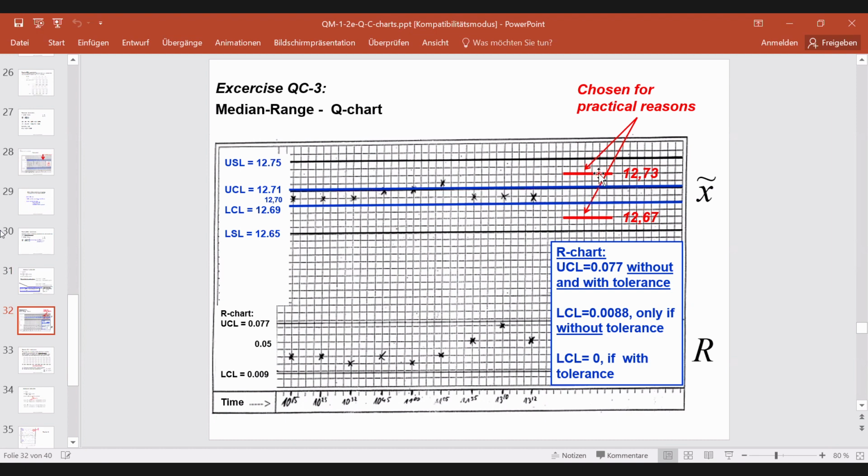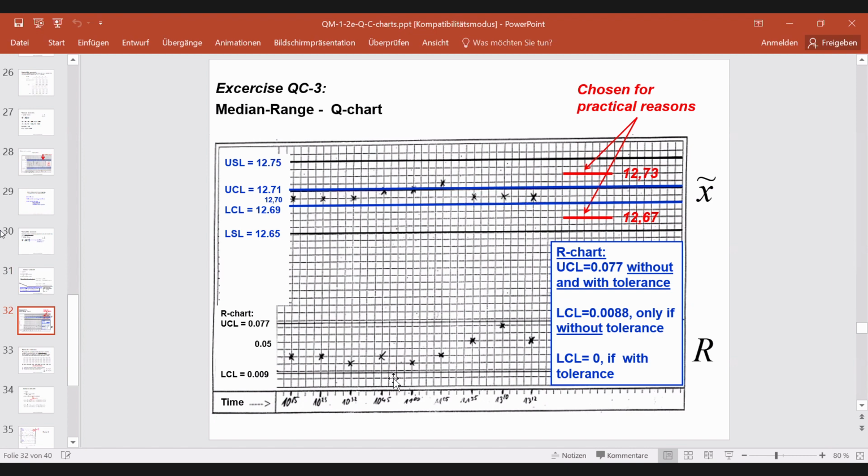It makes more sense to define the control limits by practical reasons, and in this case it is better to do it by practical reasons and not take these calculated control limits.